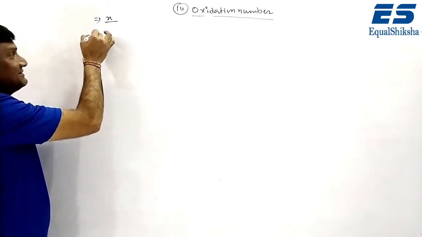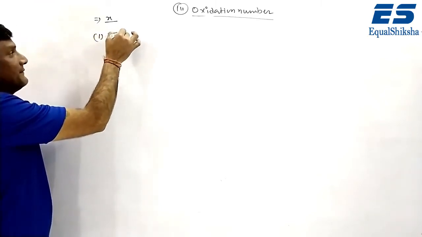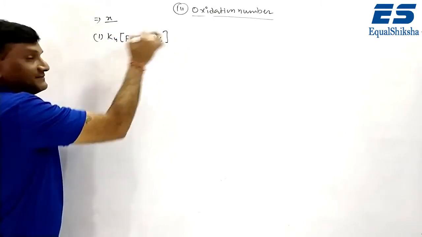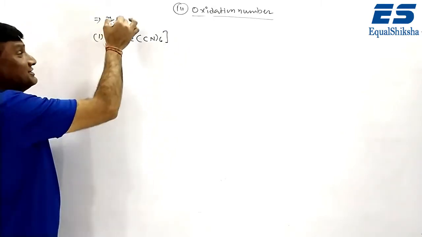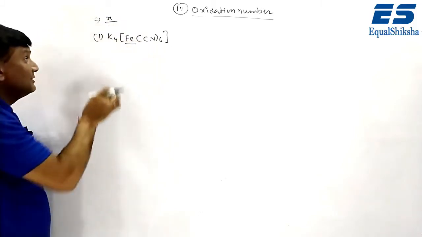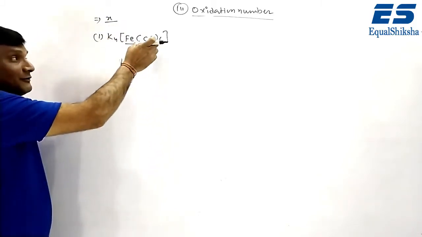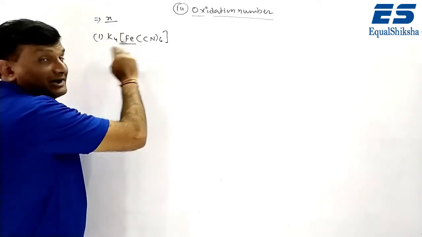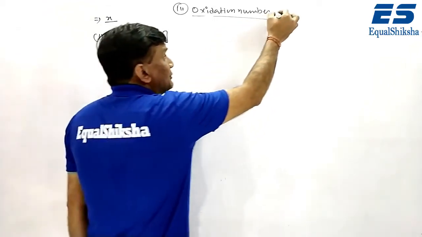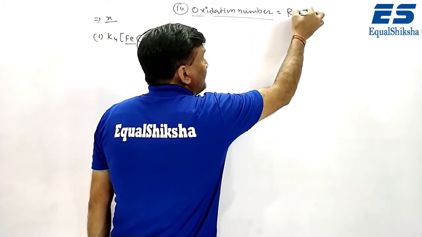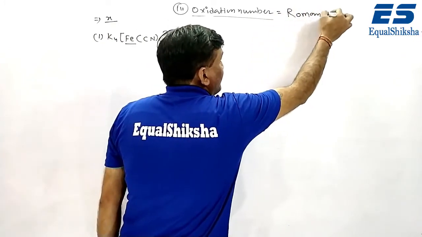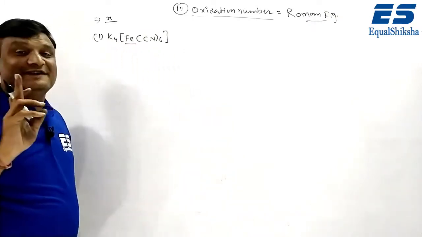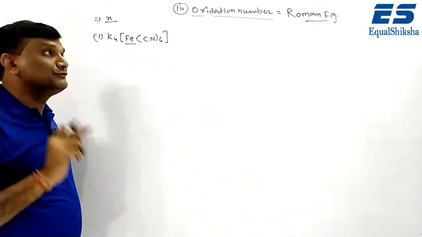Suppose there is K4[Fe(CN)6]. Then we calculate the oxidation number of the central metal atom only, not for the counter ion or ligands. It is also written in Roman numerals, meaning if the oxidation number is 1, we write I.